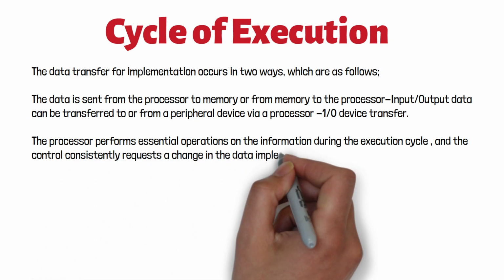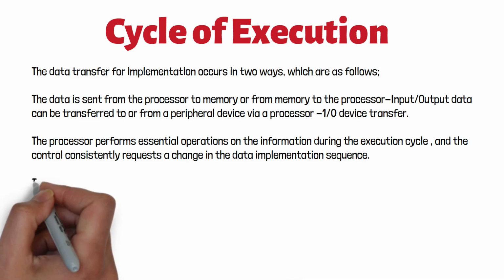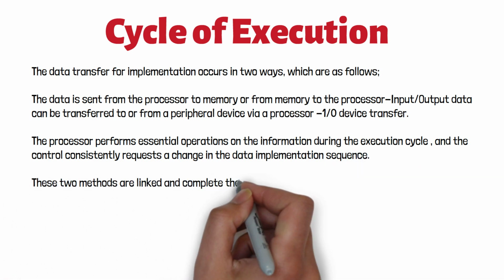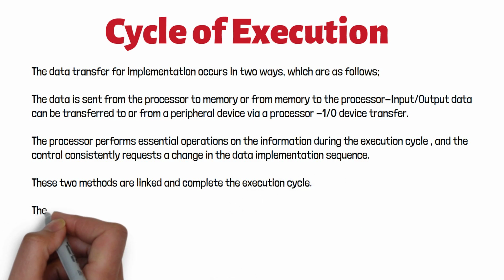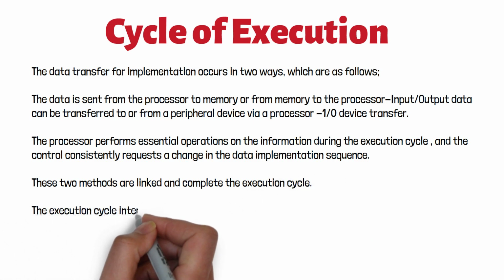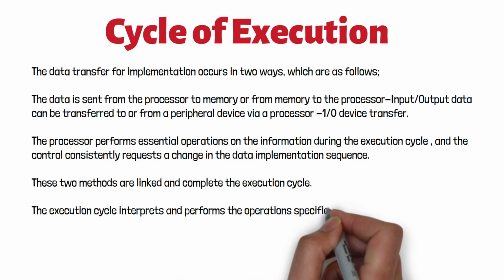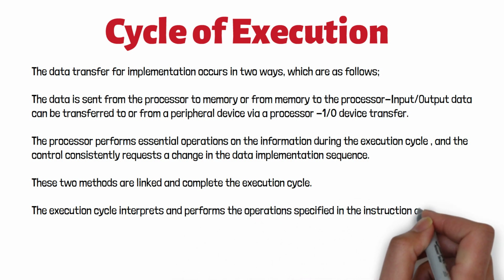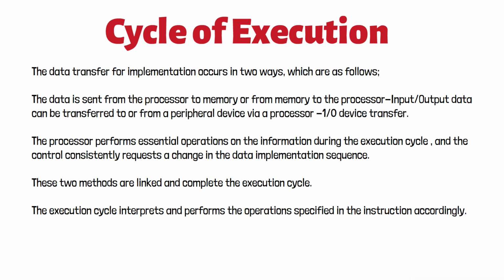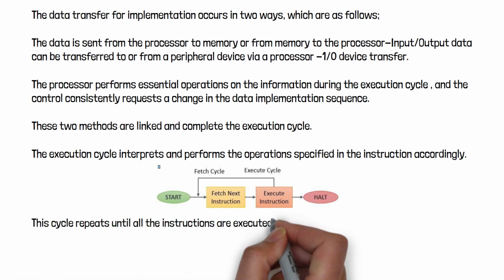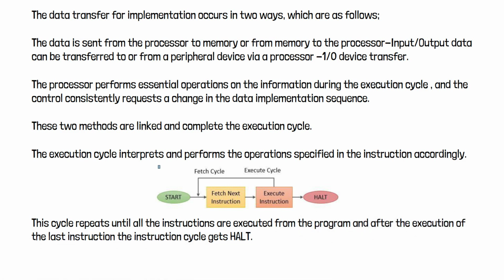These two methods are linked and complete the execution cycle. The execution cycle interprets the operation specified in the instruction. Accordingly, the cycle is repeated until all the instructions from the program are executed, and after the execution of the last instruction the instruction cycle halts.